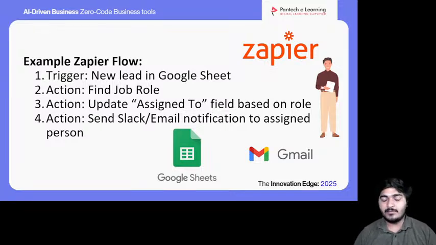In the second step, the data goes to the job role column, and it will update the assigned-to field based on role. So it will see what his job role is, and it will get assigned to the particular sector.